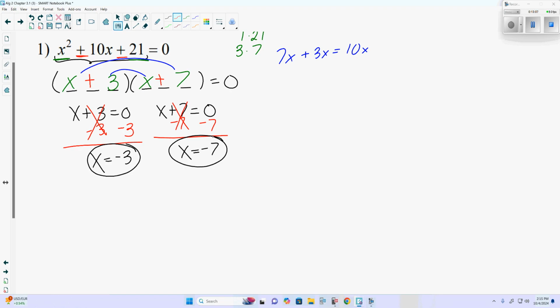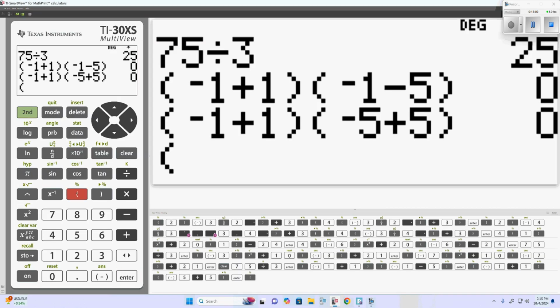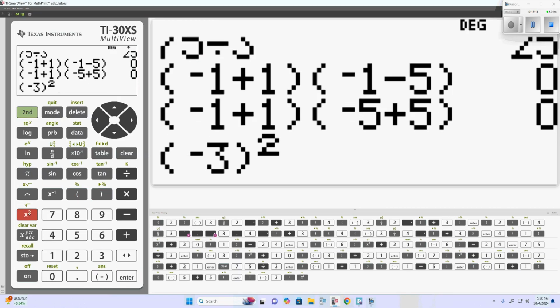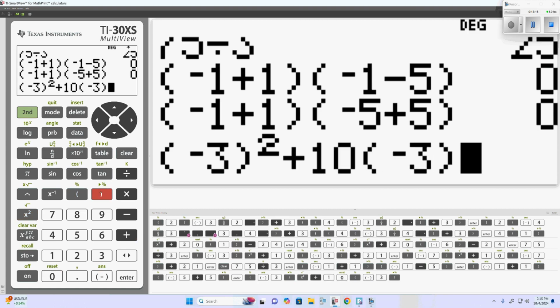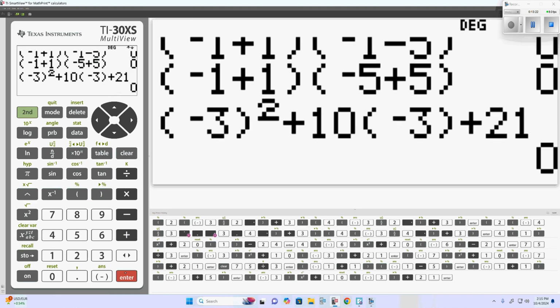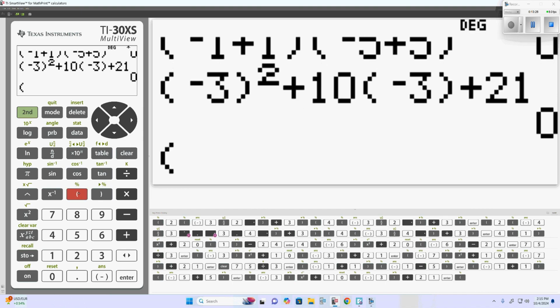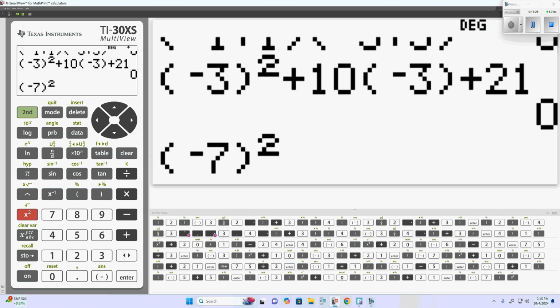Again, if we wanted to plug this in, we could. Parentheses negative 3 squared plus 10 times negative 3 plus 21 is just like we wanted. We can do the same thing with negative 7.